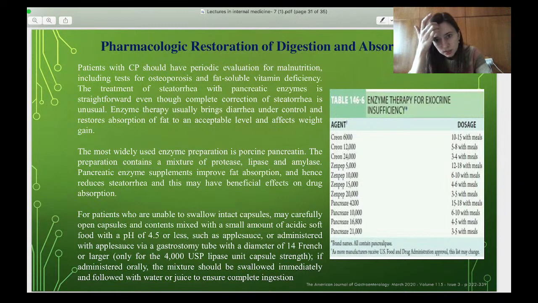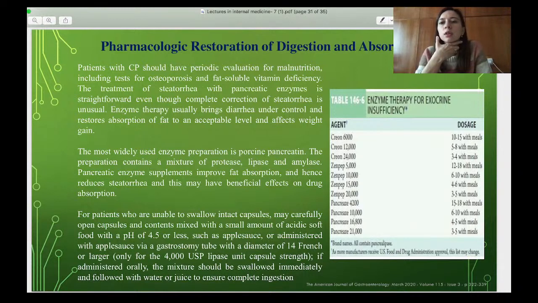And on this table you may see the names of this porcine pancreatine: Creon with different doses, Zenpep with different doses, and Pancrease with different doses too.